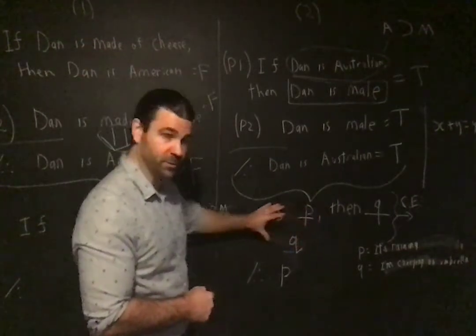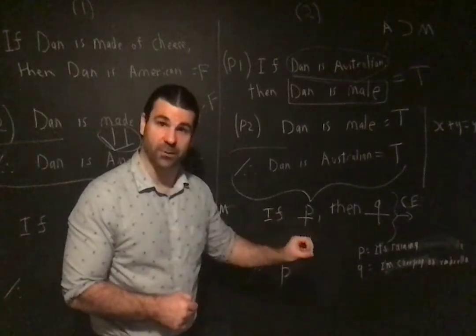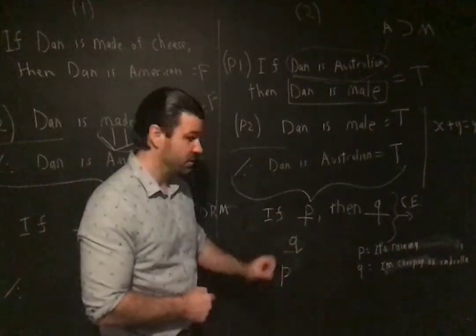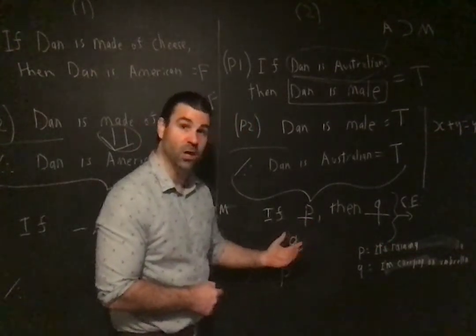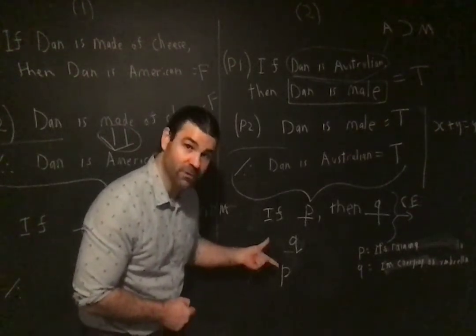So here's a particular argument. Here's an argument form. Let's find a counterexample to this form. That is, let's find particular sentences for P and Q, particular substitution instances for P and Q, which make the premises true and yet make the conclusion false.